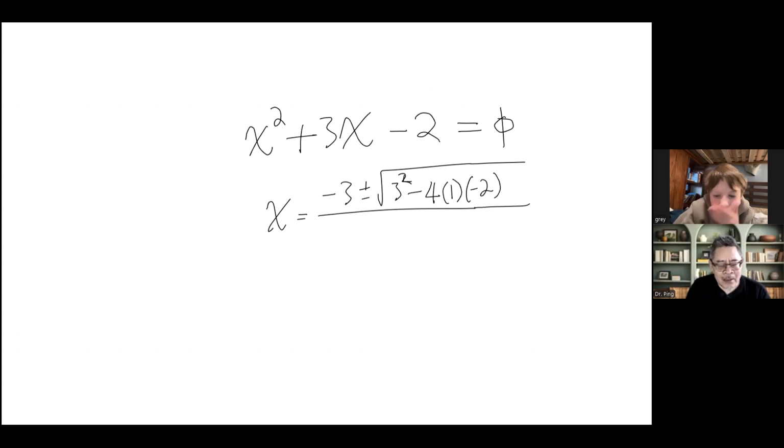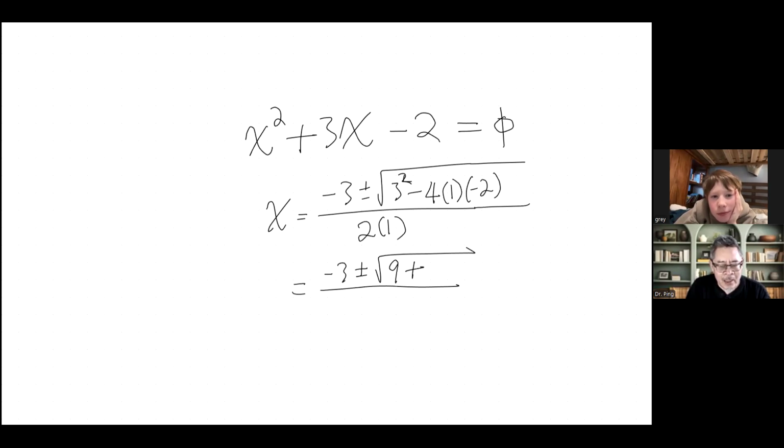So therefore, what we got here is negative 3 plus minus the square root of 9 plus 8, over 2. So what we got here is negative 3 plus minus the square root of 17 over 2.